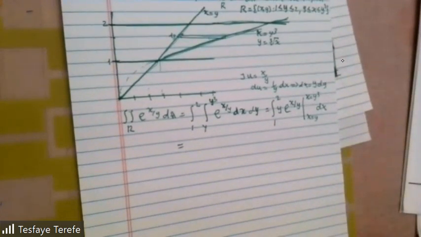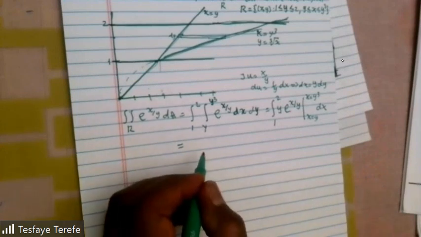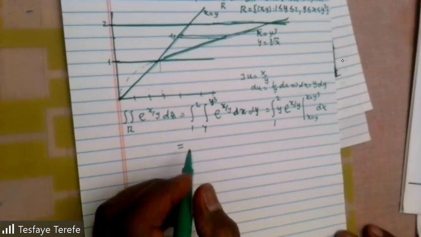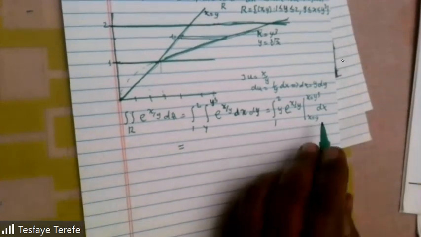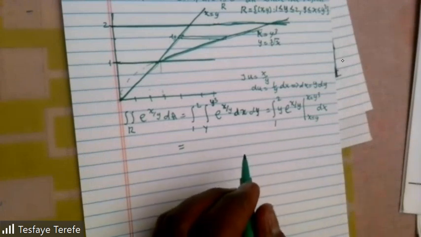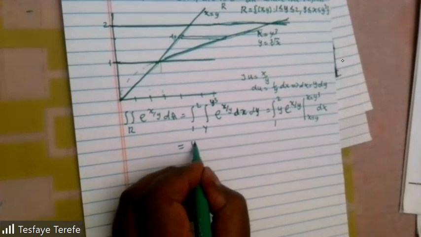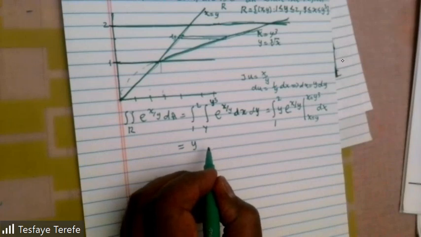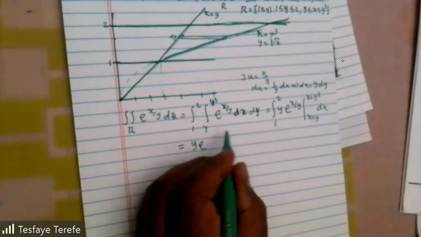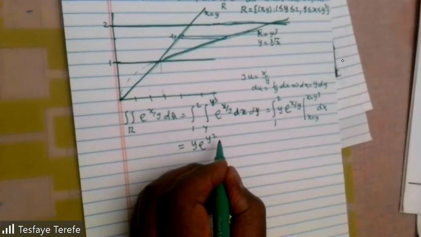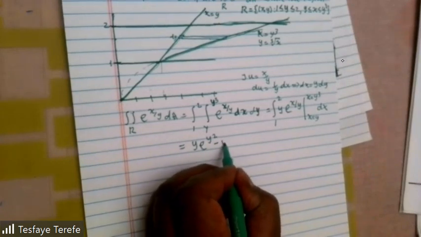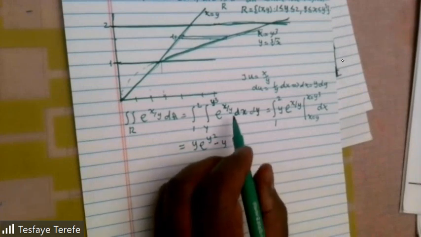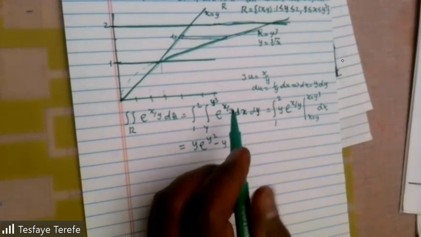Okay, so now let us evaluate it. Wherever we have x, we are going to put y. So I have in the first place y times e raised to y cubed over y, which is y squared, minus y times e raised to y over y, which is 1.